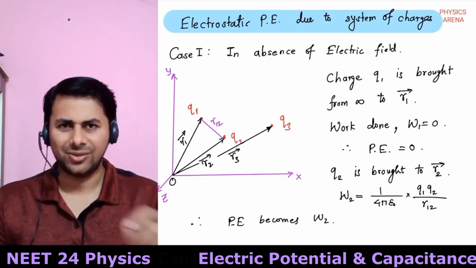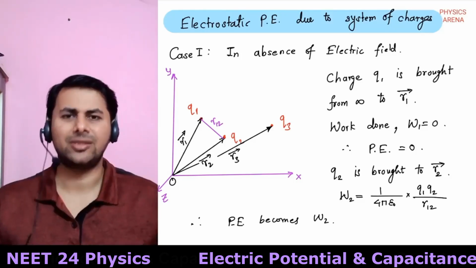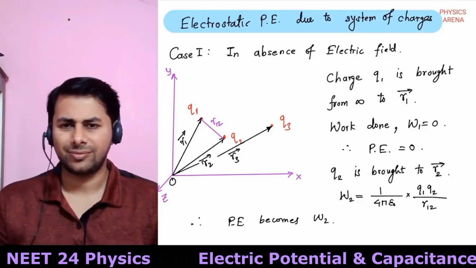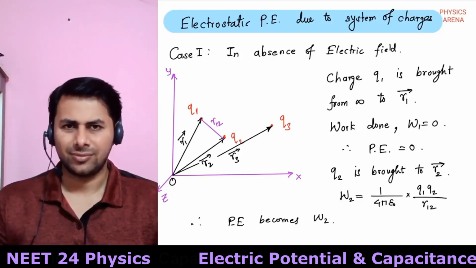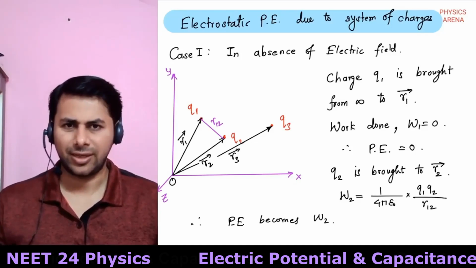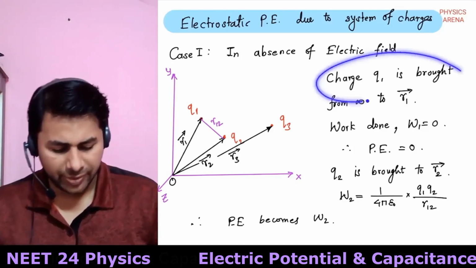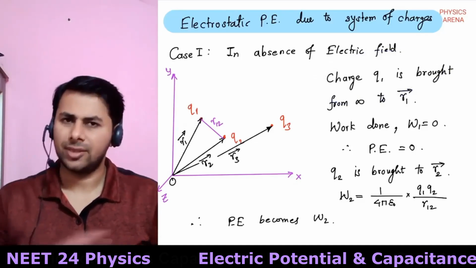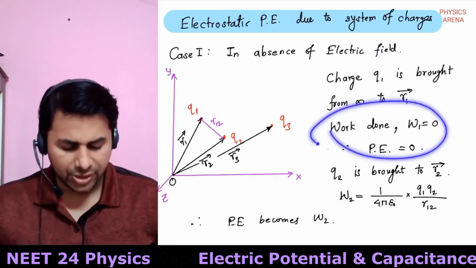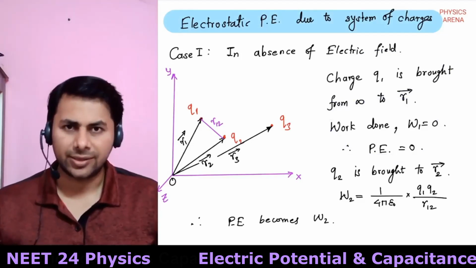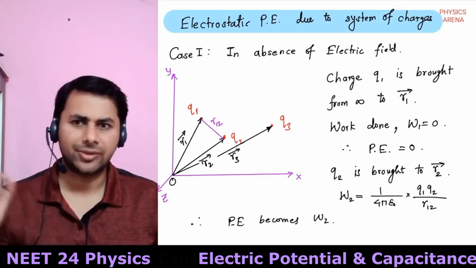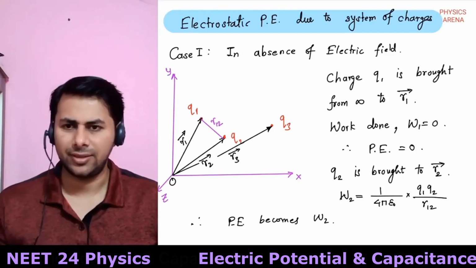When you bring the first charge, there is nothing in space. No work, because there is nobody opposing that charge. So when you bring the first charge Q1, there is no work done, and therefore the potential energy of a single charge will be equal to 0.